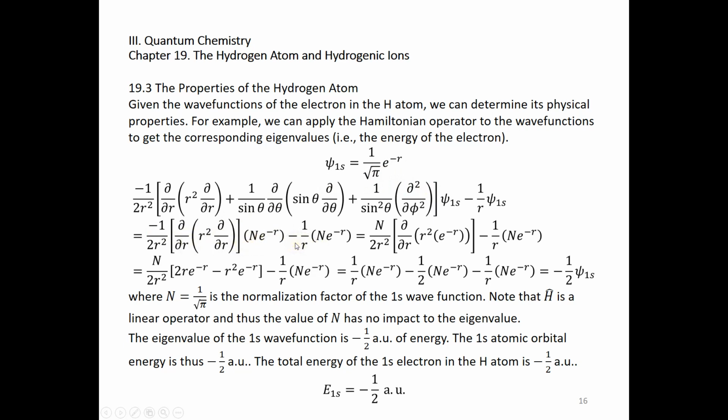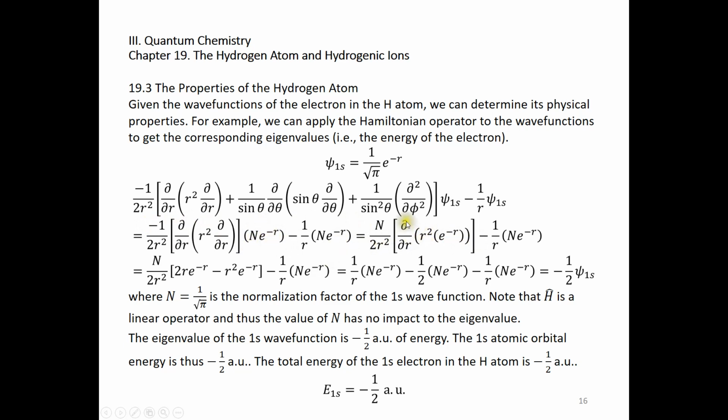And also we have the potential energy operator applied to psi. Now let's evaluate this. We do see N as a constant, the normalization constant. We can take it out. And the first derivative of e to the power of negative r is negative e to the power of negative r. Two negatives cancel, so we have this equation over here with this negative and another negative from here cancel.